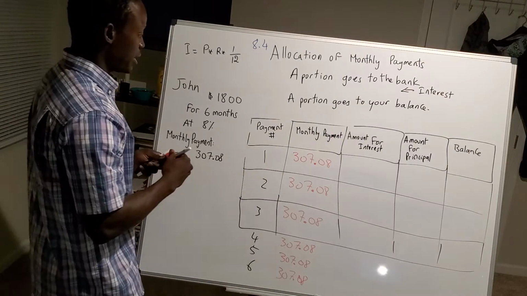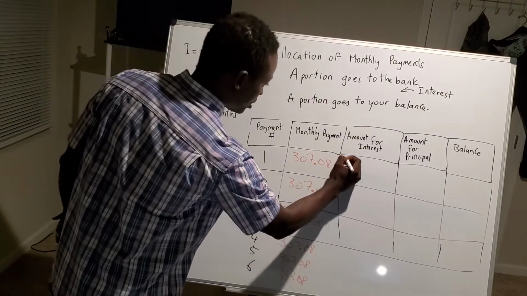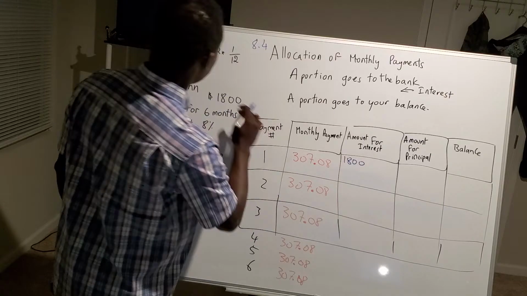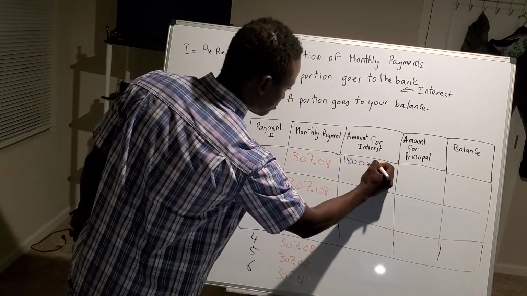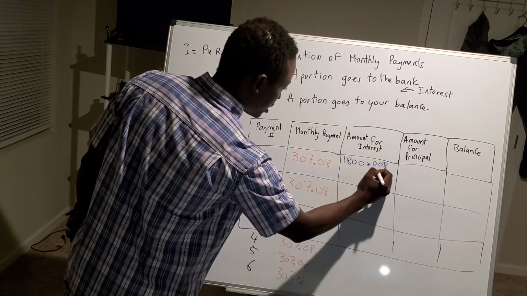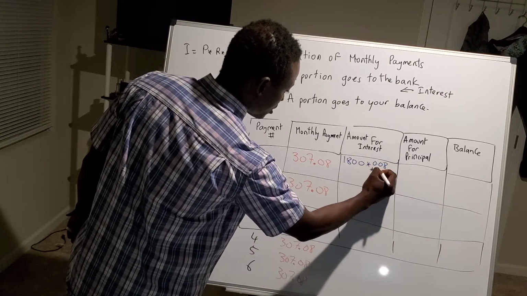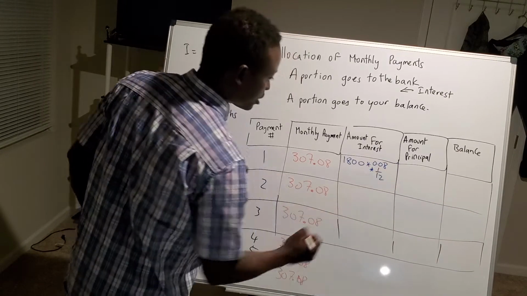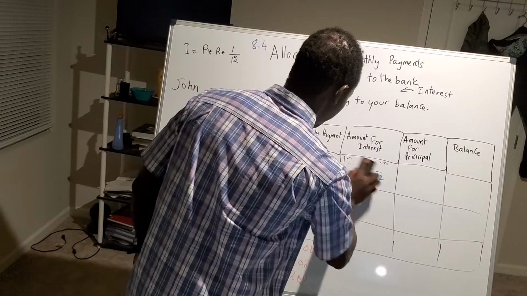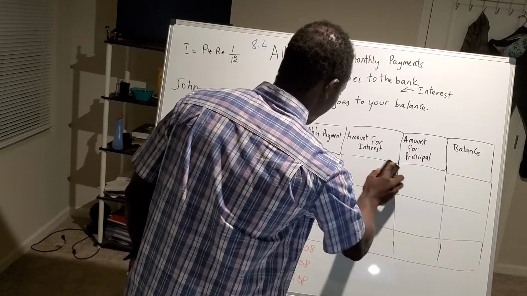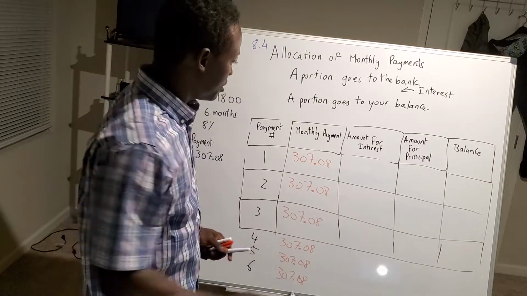So the amount for my interest is 1800 times rate. My rate is 8%. 8% in decimal is 0.08, and then times 1/12, right? I can put everything in one line just to make it look good.